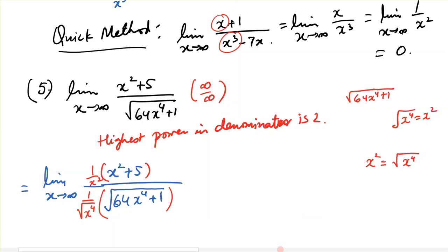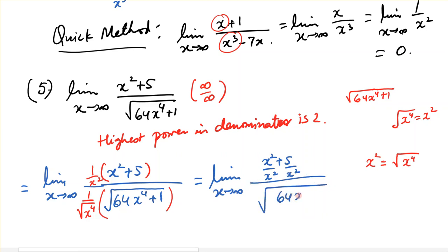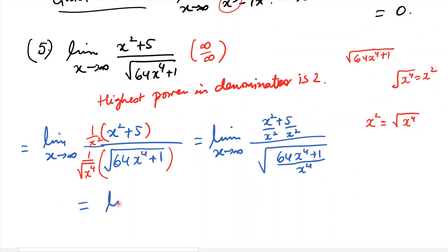So essentially what we are doing here is the limit as x approaches infinity of x squared plus 5, where x squared goes underneath each term, and here we have 64x to the 4 plus 1, and inside we have x to the 4. When we do the division, we get 1 plus 5 over x squared on the top, and the square root of 64 plus 1 over x to the 4 in the denominator.